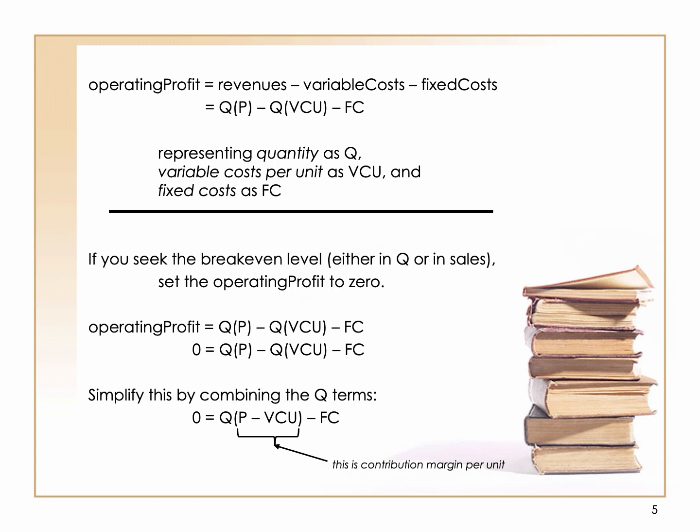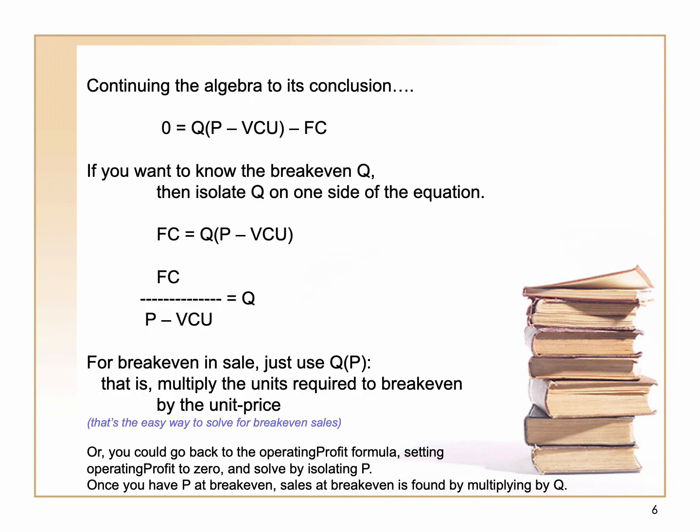So 0 equals Q times (price minus variable cost per unit) minus fixed cost. That price minus the variable cost per unit is what we call contribution margin per unit. If we continue with the algebra, 0 equals Q times (P minus VCU), the contribution margin per unit, minus the fixed cost.